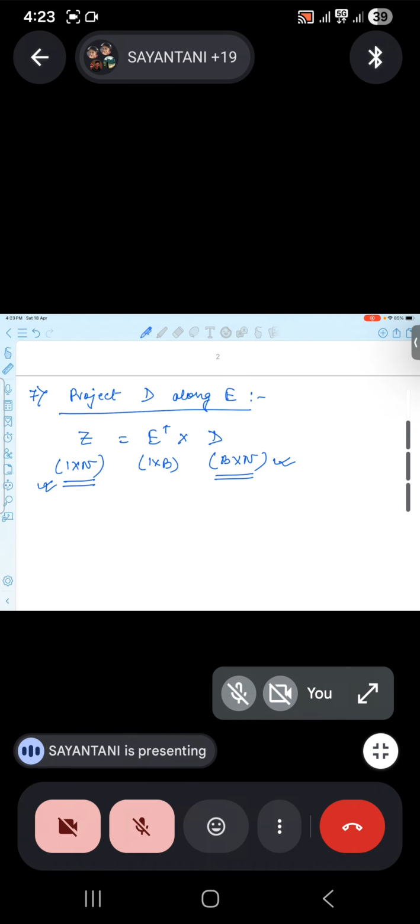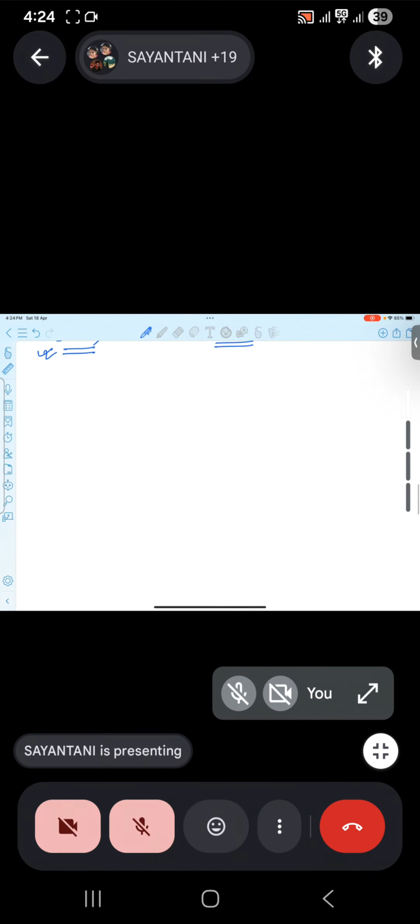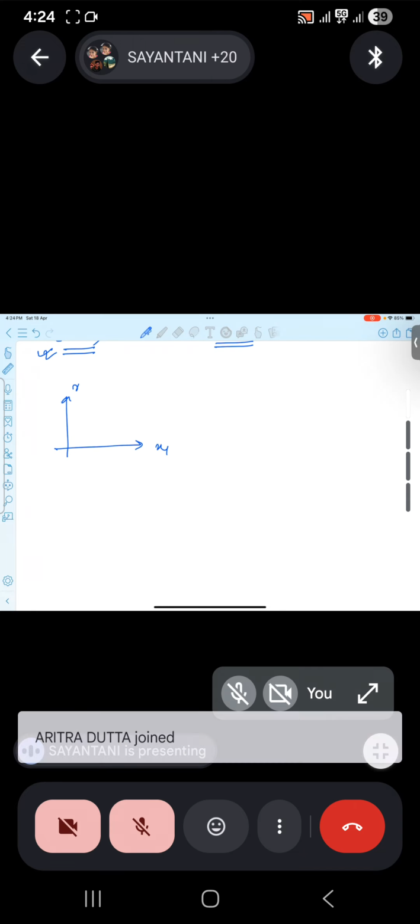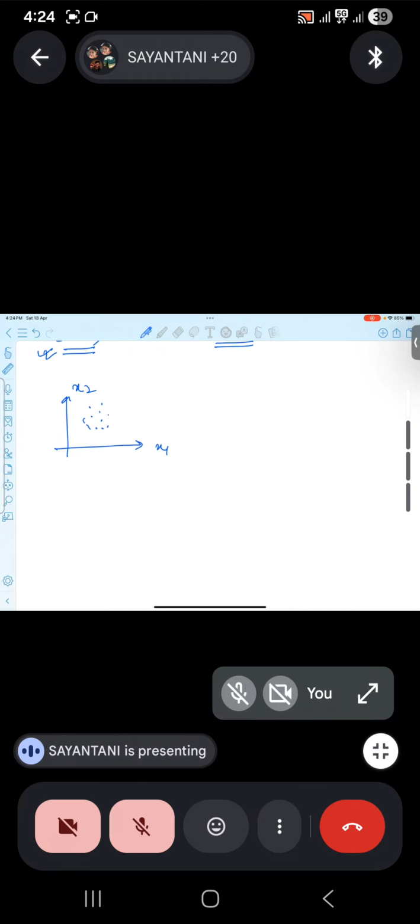Okay. Now, geometrically, what does this signify? Let us understand it. So initially, suppose I'm considering a 2-dimensional feature, suppose x1 and x2, and you have certain data points pertaining to this 2-dimensional. So these are the features you have extracted.